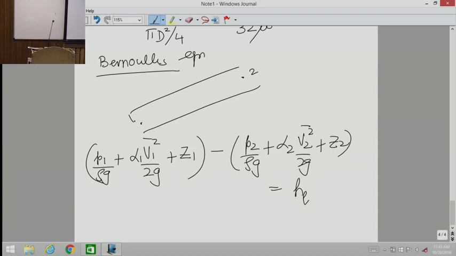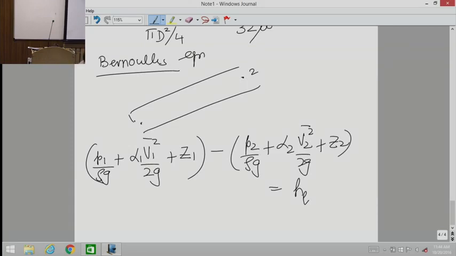But now what happens is, if the flow was inviscid, then there would be no head loss. This would have been equal to 0. But because we have a viscous flow, to account for viscosity, we introduce this term head loss. So in that sense, this could be seen as the engineering Bernoulli's equation, not the original Bernoulli's equation.